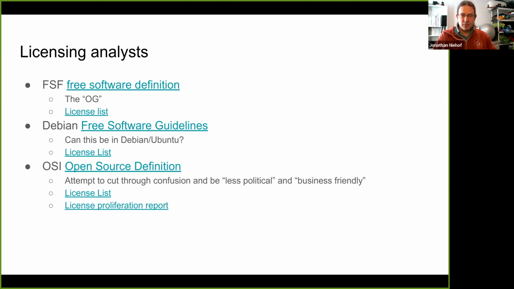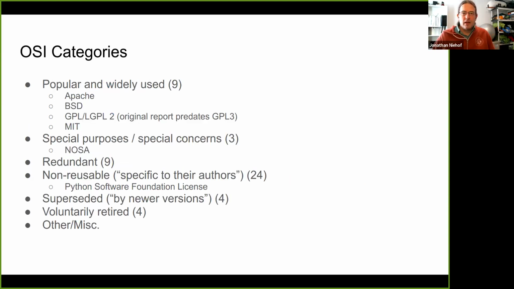So there's that list, and there's that license proliferation report that we had talked about at the meeting. OSI's proliferation report kind of broke things down into a few categories. There's the popular and widely used, which several of these will look familiar: Apache, BSD, GPL, MIT. They specifically call it GPL2 because the original form of this report was before GPL3. They have a category that's special purposes or special concerns.